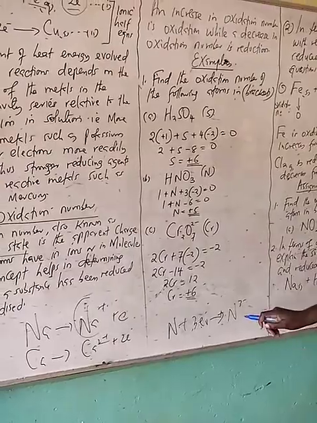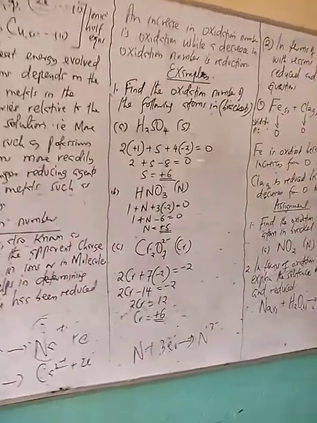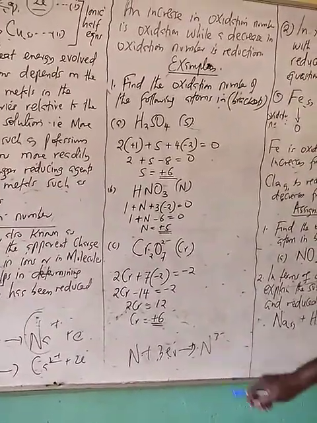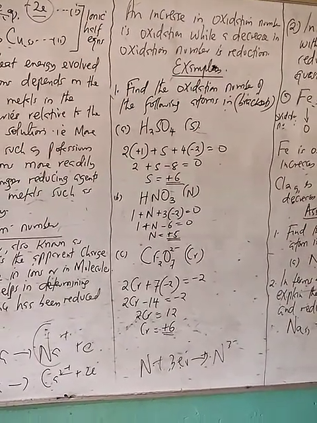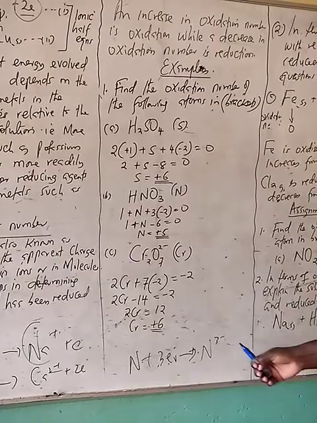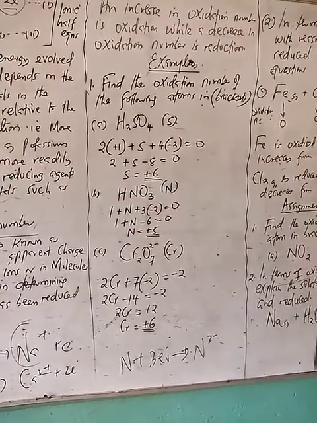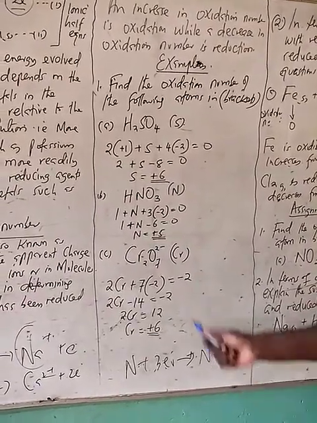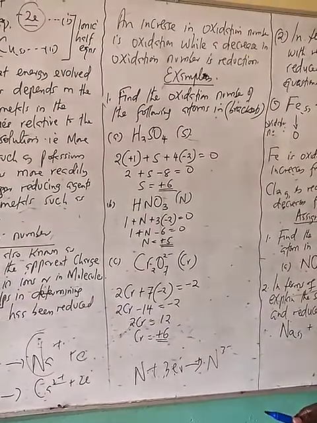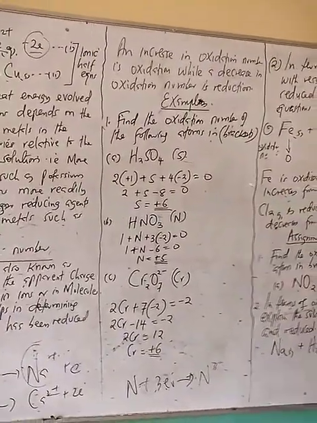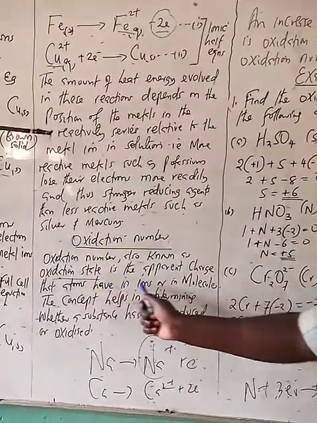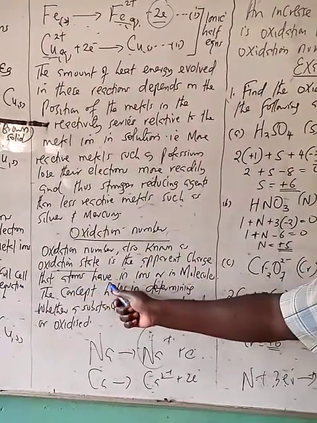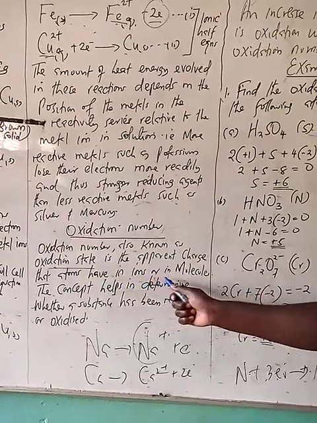So you have got oxidation state of -3. That is group 5. Group 6, like oxygen, reacts by gaining 2 electrons, so they have oxidation number of -2. Group 7, like chlorine, reacts by gaining 1 electron. Oxidation state of -1. So oxidation number is the apparent charge an atom has in ions or molecules.